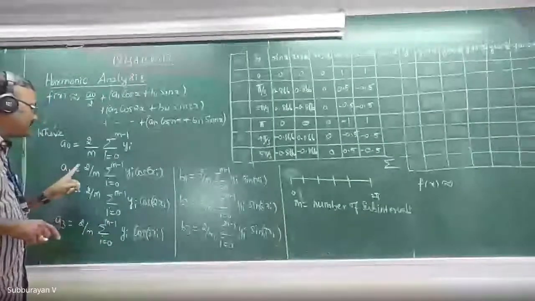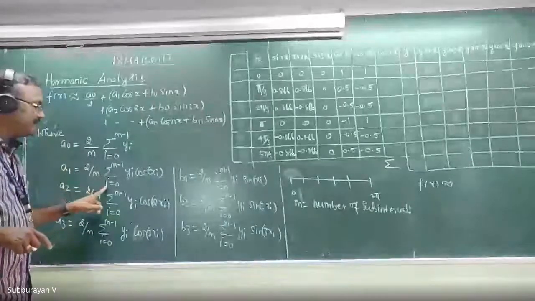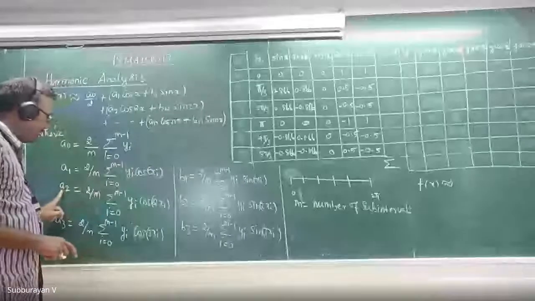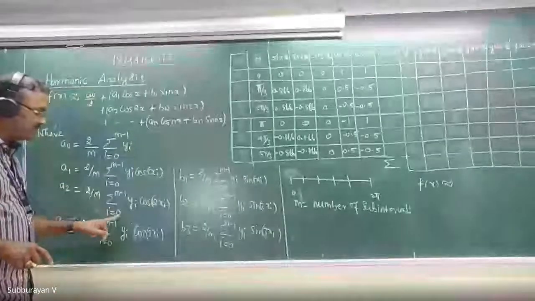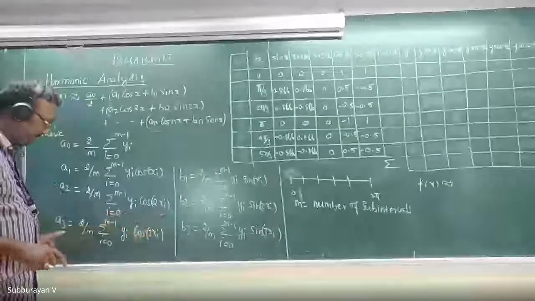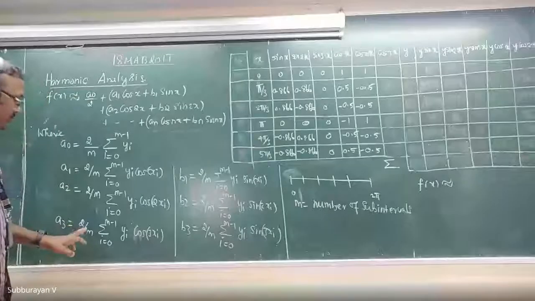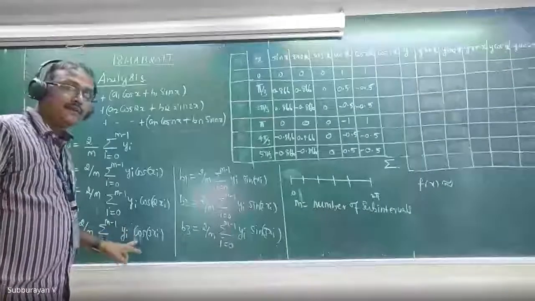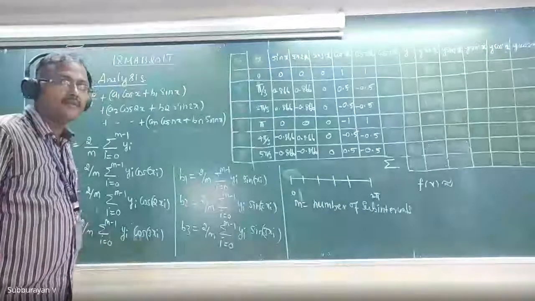And a1 is 2 by m summation i equal to 0 to m minus 1 yi into cos xi. Similarly, a2 is 2 by m into summation i equal to 0 to m minus 1 yi cos 2xi. In general, an is 2 by m summation i equal to 0 to m minus 1 yi into cos nxi. This is the formula for an.